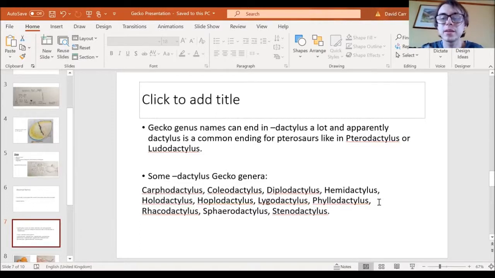I think I've heard them referred to as the electric blue day gecko. So that's Lygodactylus. And we've said Rhacodactylus, Sphaerodactylus. We've said that. And then Stenodactylus. That's another gecko one.